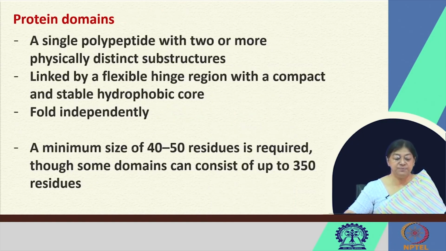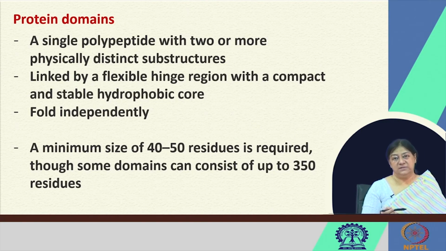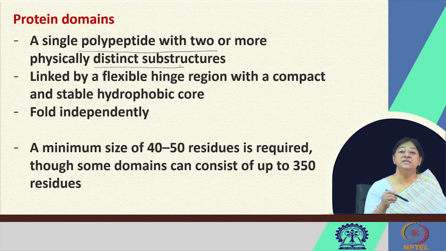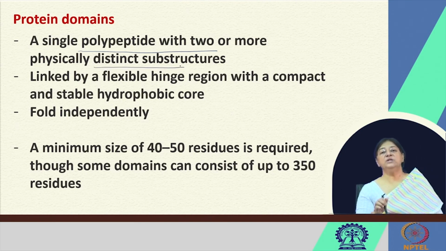So, how does a protein fold? For this, we need to understand protein domains. We have to think of how the polypeptide chain approaches this problem, in a sense that we look at a single polypeptide chain with 2 or more physically distinct substructures. We looked at the primary sequence, which was just a sequence of amino acids.